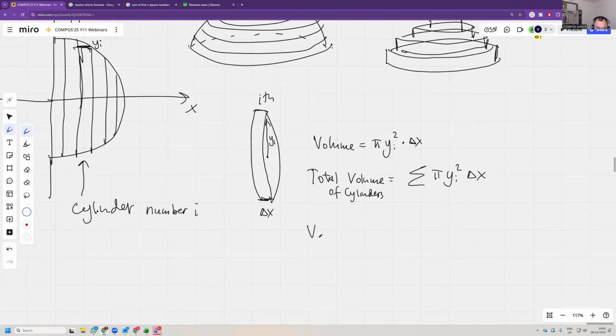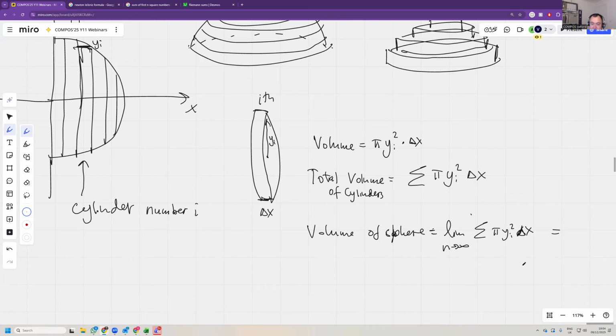But the volume of the sphere is when we take infinitely many cylinders. So it's the limit as n tends to infinity of this value, pi yi squared delta x.